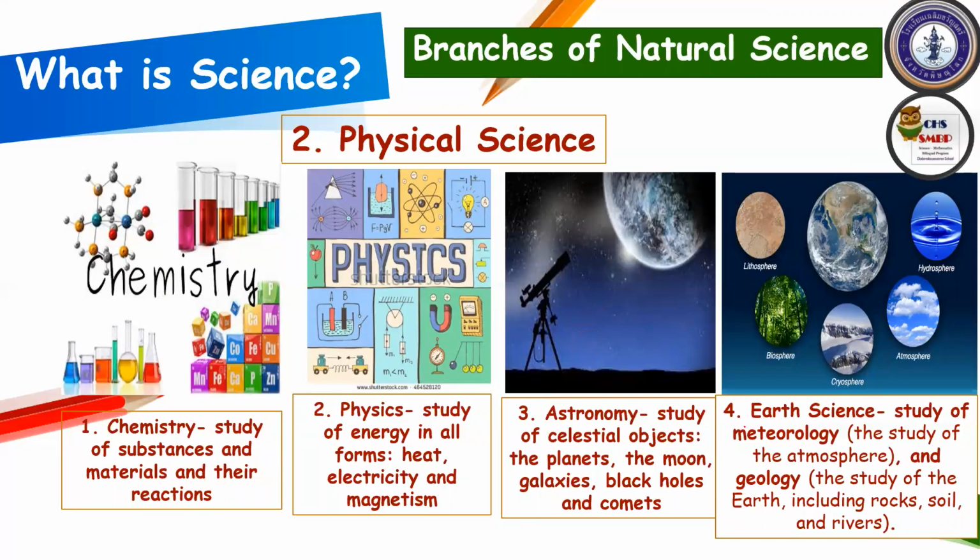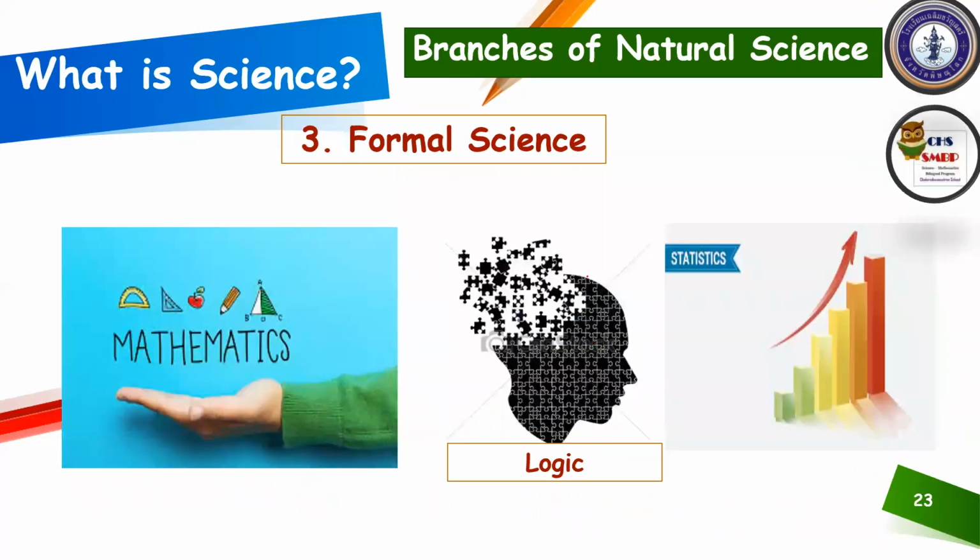And then you see earth science. It's all about geology. So you can study meteorology, study of weather, and geology, study of the earth, including rocks, soils, and rivers. Then I would like to discuss formal science. Formal science has three main branches, right? You see, mathematics, kind of non-verbal, analytical skills.